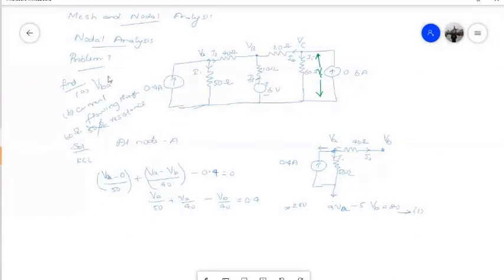And when we say VBA, technically it is the potential difference between these two points. Now, even if you find VA minus VB or VB minus VA, there is only going to be a sign change, not a change in the quantity.